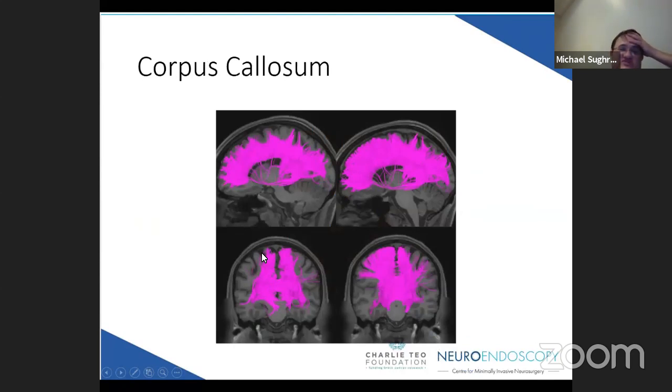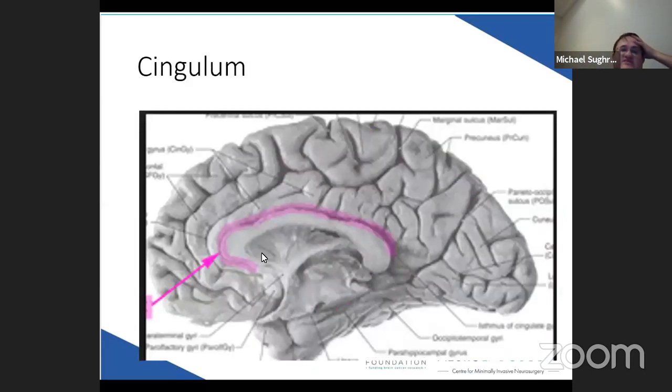And this is why, for example, the superior parietal lobule is probably better tolerated, because there are just so many connections between the midline structures. The cingulum is basically making a C shape like this, but of course it's bidirectional.